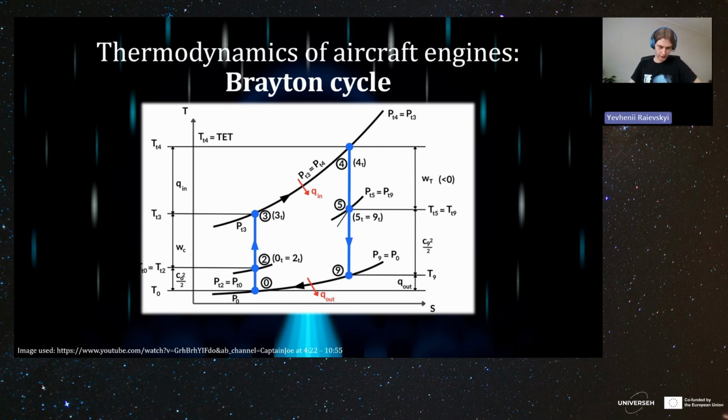The Brayton cycle is represented more frequently as a diagram. On the y-axis you have temperature, and on the x-axis you have entropy.